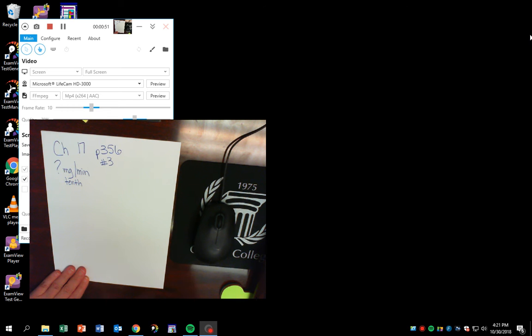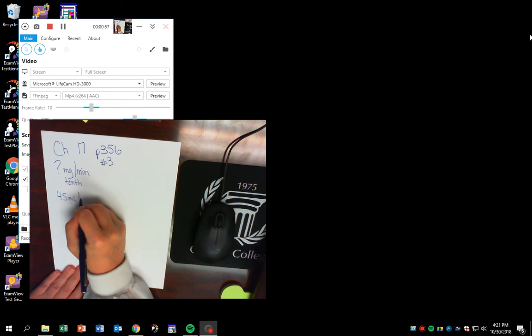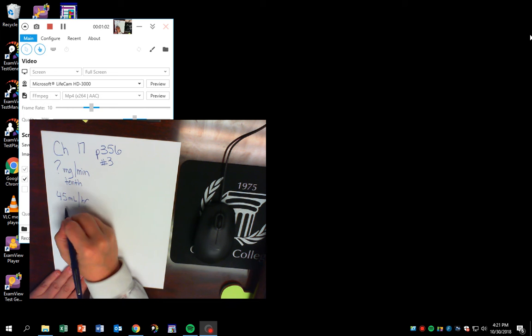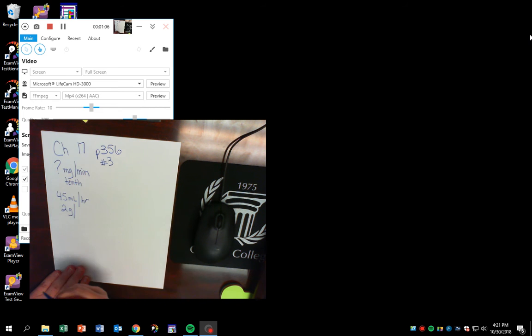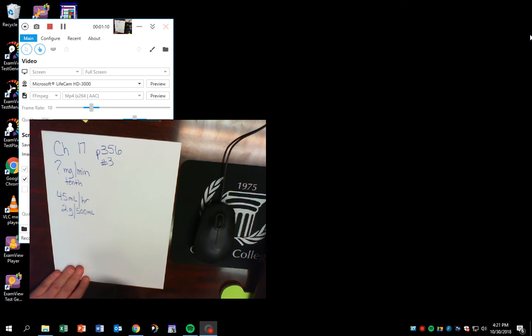Okay, so on this one it says an IV of lidocaine is infusing at 45 milliliters per hour. The bag contains 2 grams of lidocaine in 500 milliliters of solution. Calculate the milligrams per minute.